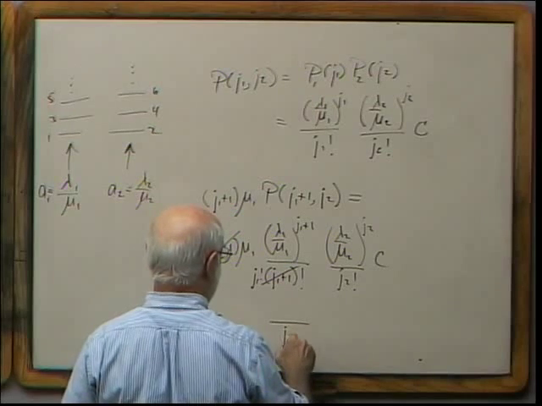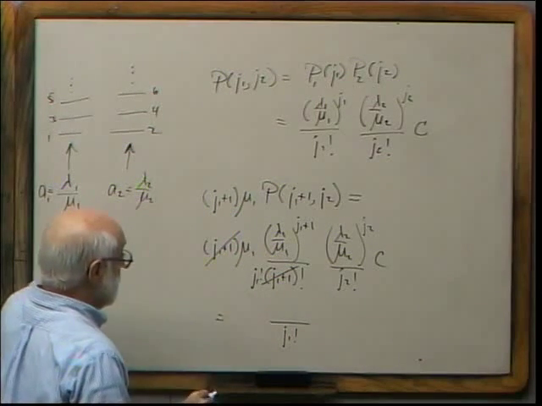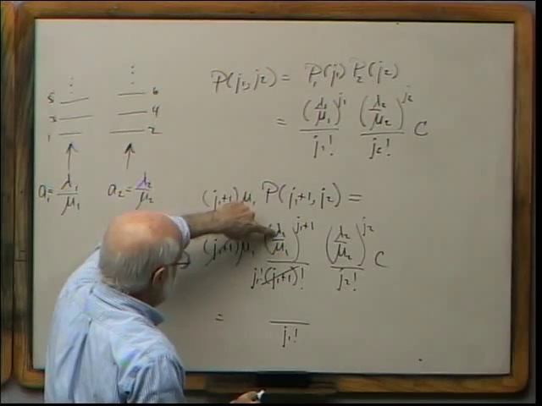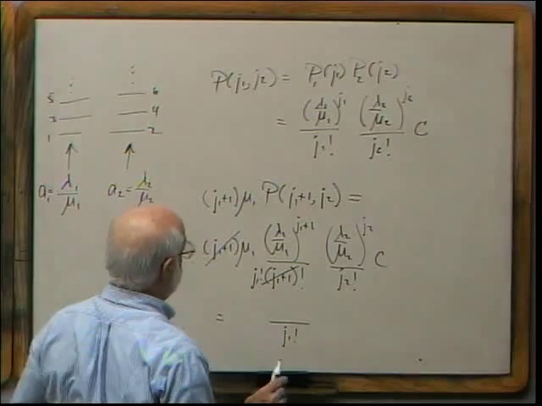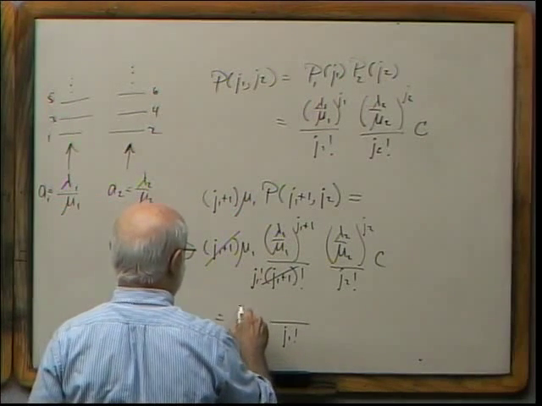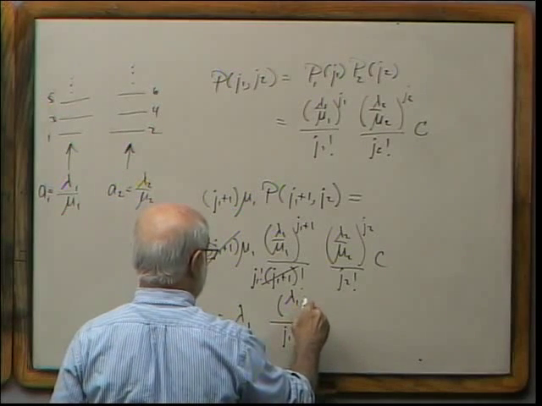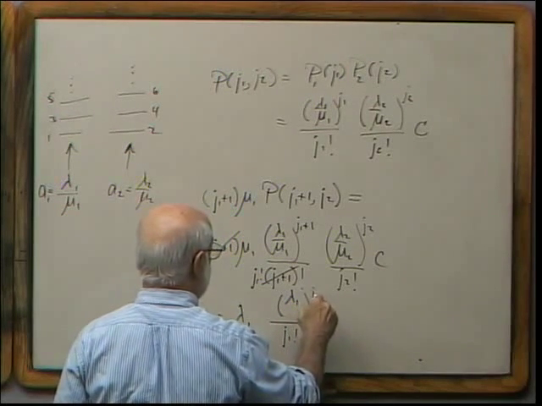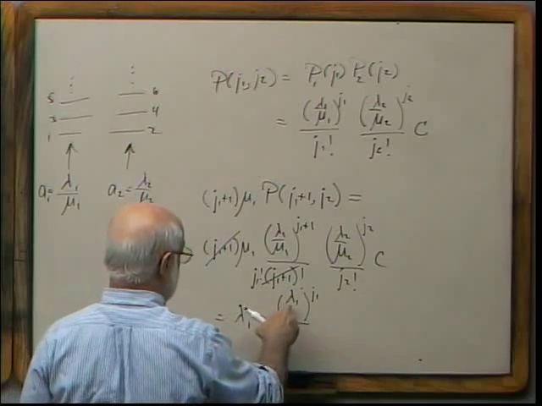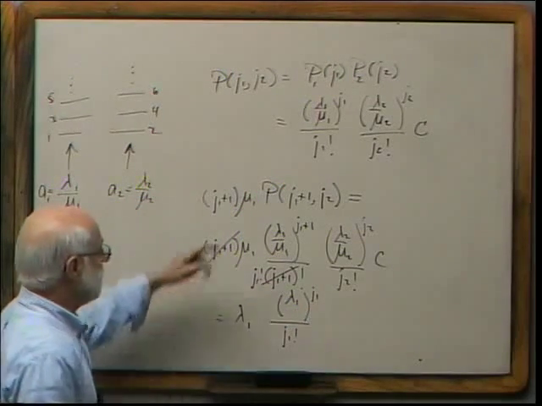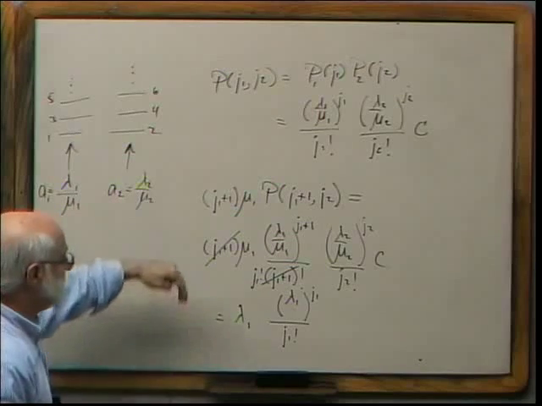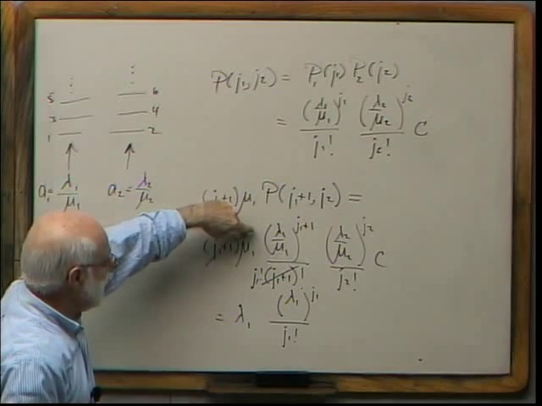In the numerator, I have lambda 1 to the J1 plus 1, which I'm going to write as lambda 1 times lambda 1 to the J1. Then I have a mu 1, and in the denominator, a mu 1 to the J1 plus 1.